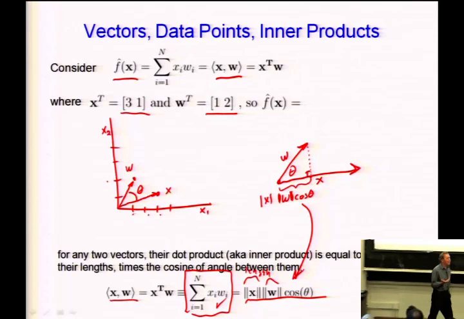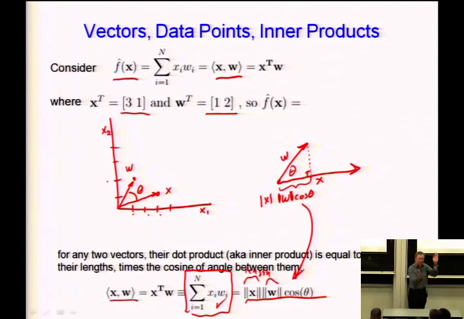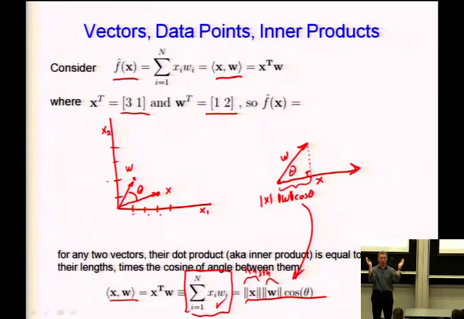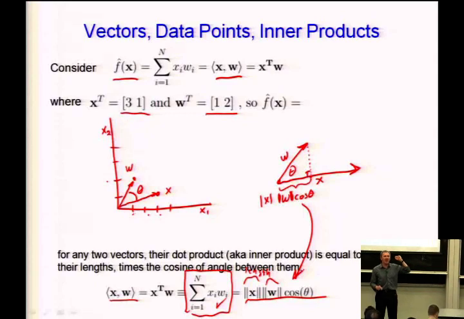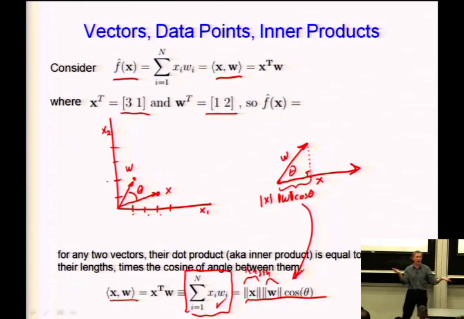Okay, so that lets me easily see little facts like if I don't change w and I don't change x in terms of their length, but I allow them to rotate around their origin, then you can quickly see the answer to questions like, how would I have to rotate them to make the dot product 0? Just make them perpendicular, right?